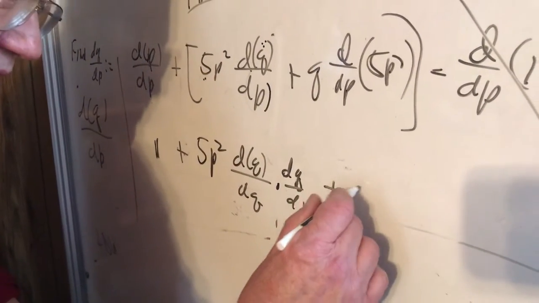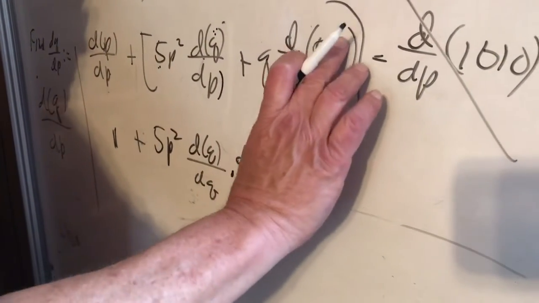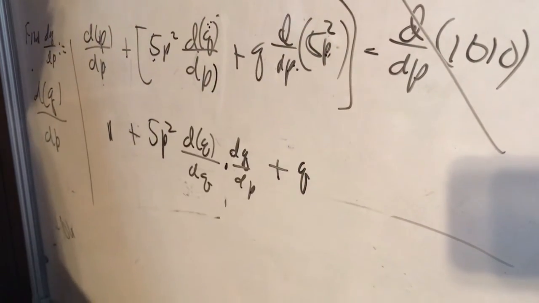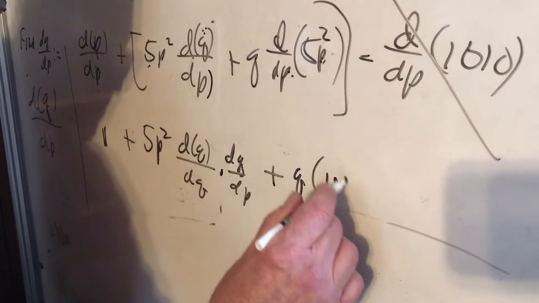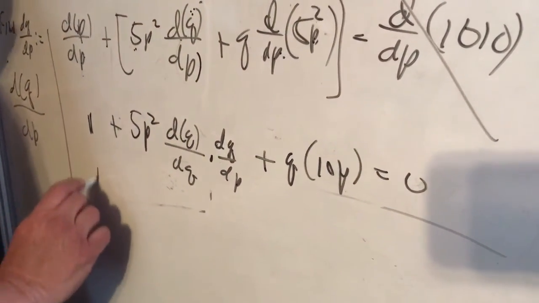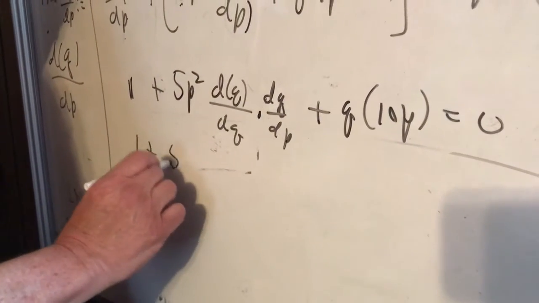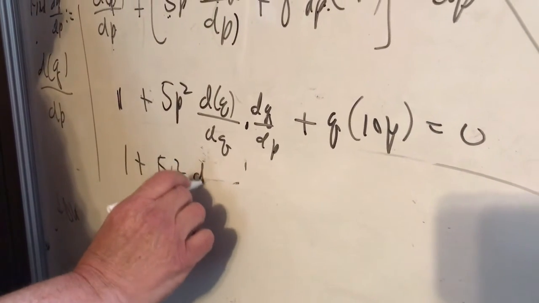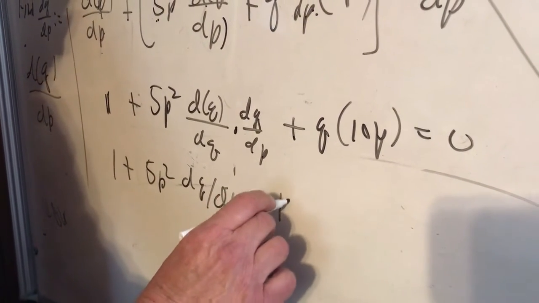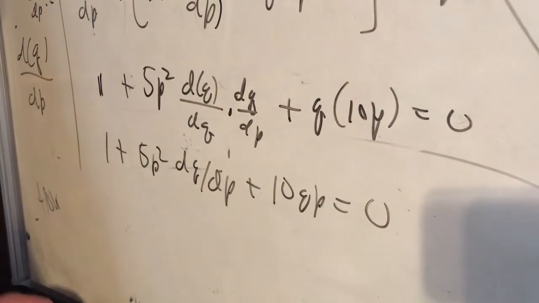Now look at this one. Q times the derivative of 5P squared with respect to P. I can do that: 2P times 5 is 10P. So I got 1 plus, the derivative of Q with respect to Q is 1, plus 10QP equals 0.